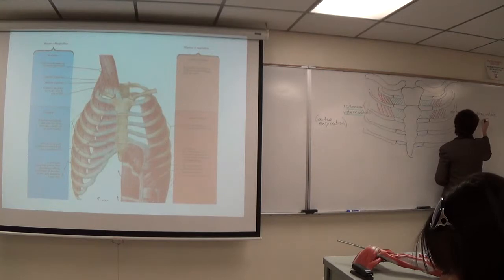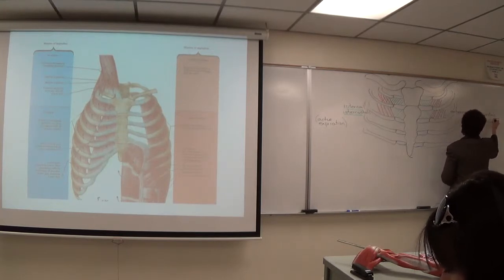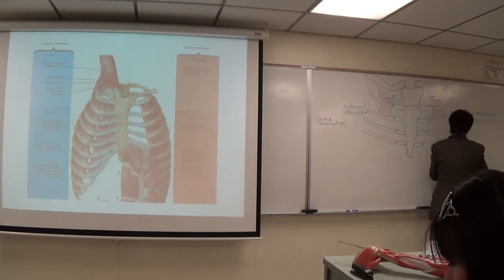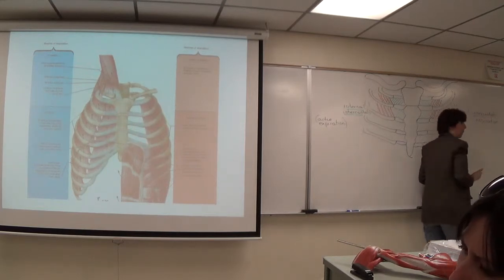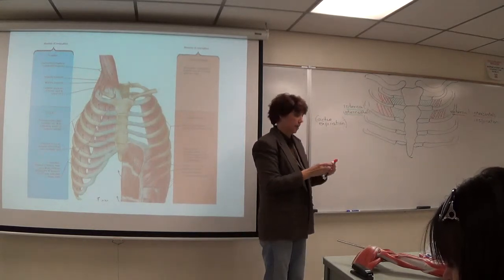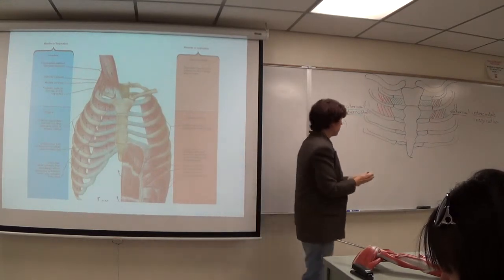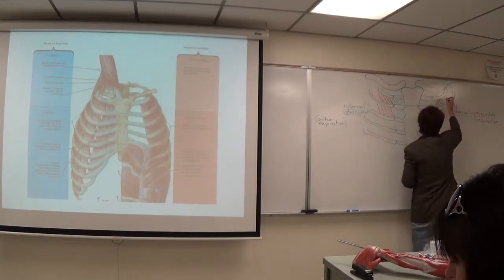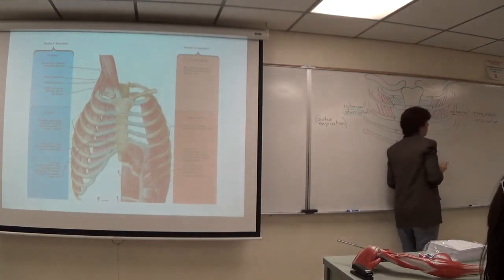This is for just anytime we take a breath in for inspiration. There is a third layer that's deeper, but we're not going to worry about those. There's only a partial remnant of them anyway.